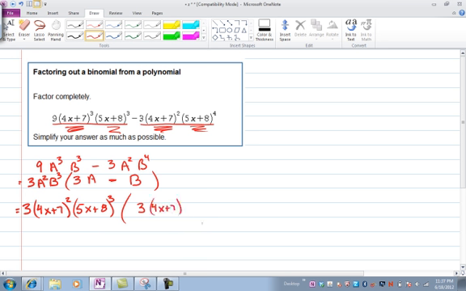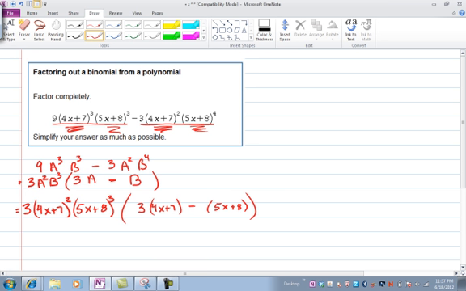Got to be careful with your grouping symbols here. Minus, now you're subtracting b, so that means you're subtracting all of b, so we need to be wise about our grouping symbols and write minus the quantity 5x plus 8. And now that still preserves the structure of what we had.